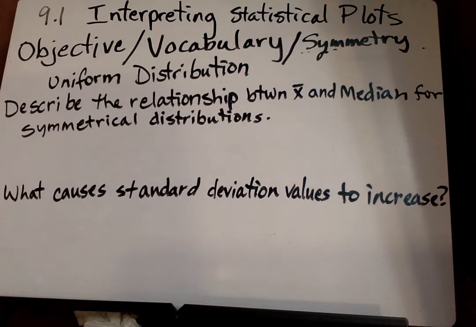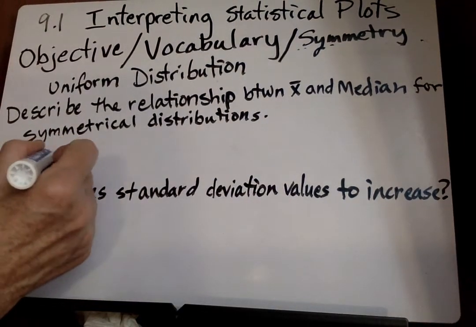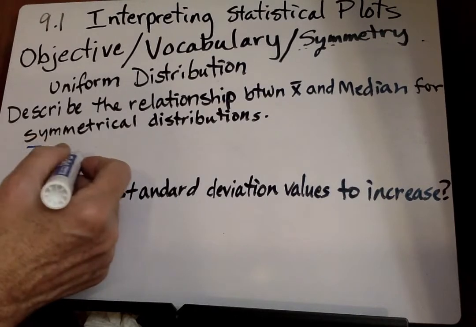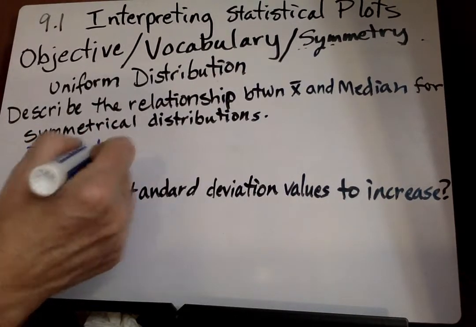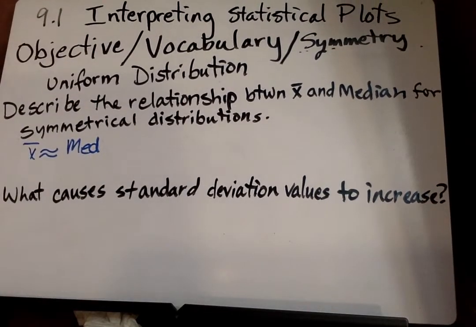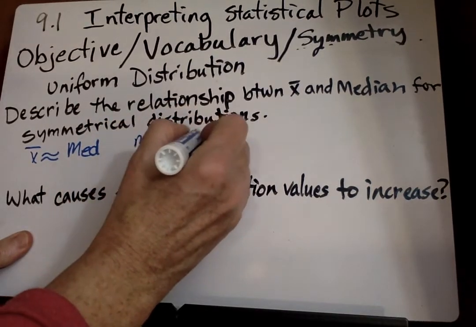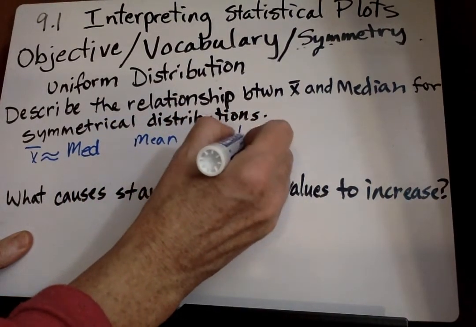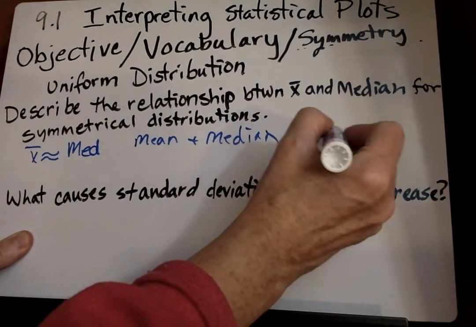So we would say the X bar, the mean, is almost equal to the median. That's what happens when it's a symmetrical distribution. So you can say mean and median are almost the same.